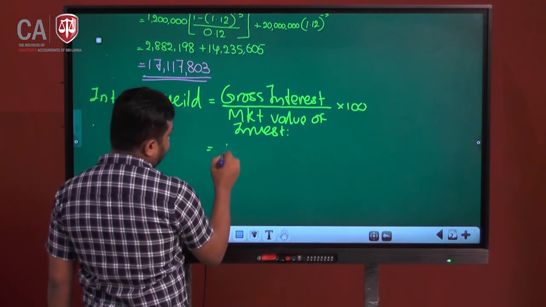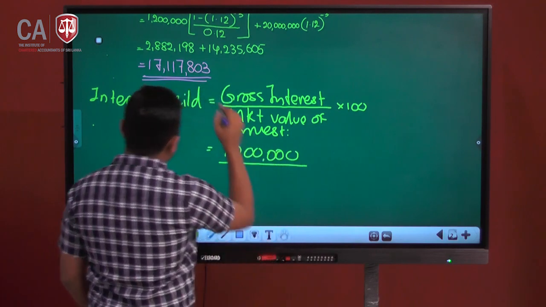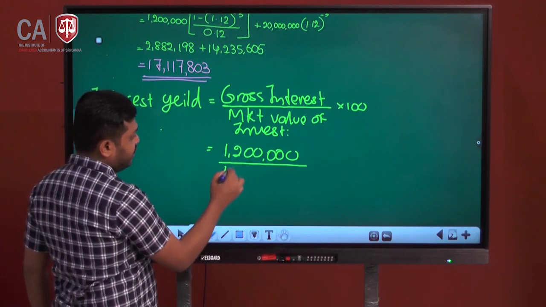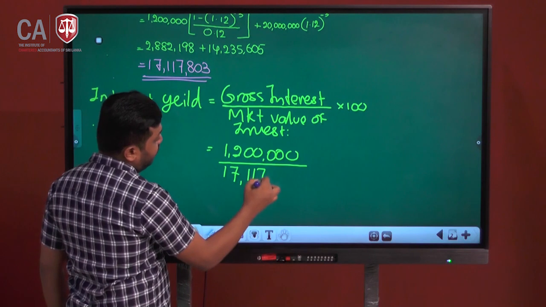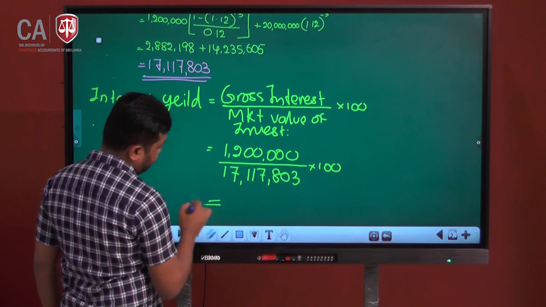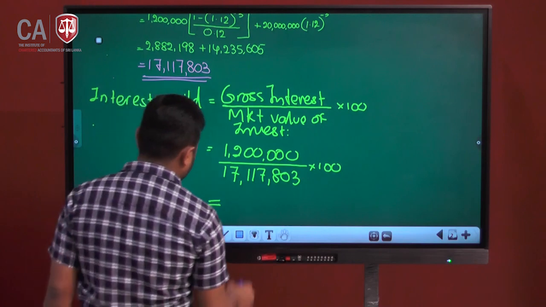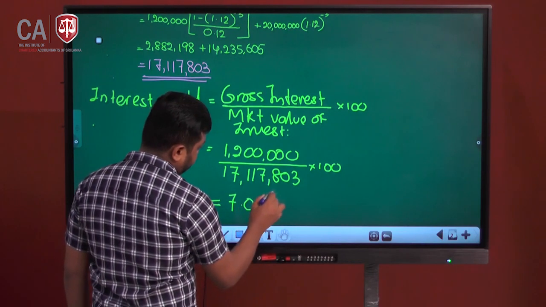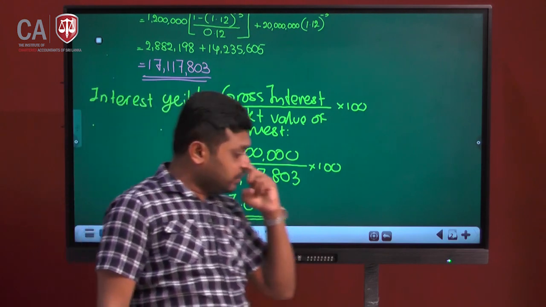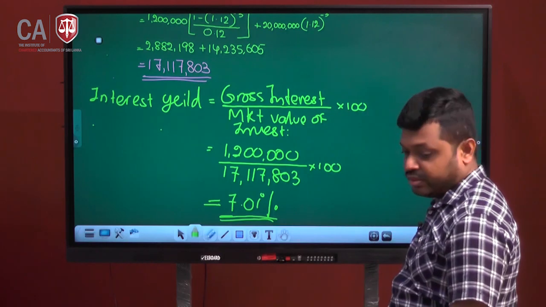Gross interest you will get is 1.2 million. Market value of the investment at the time of acquisition is 17,117,803. As a percentage, your interest yield will be 7.01. This is your gross interest yield, 7.01. That is the answer for the second question.